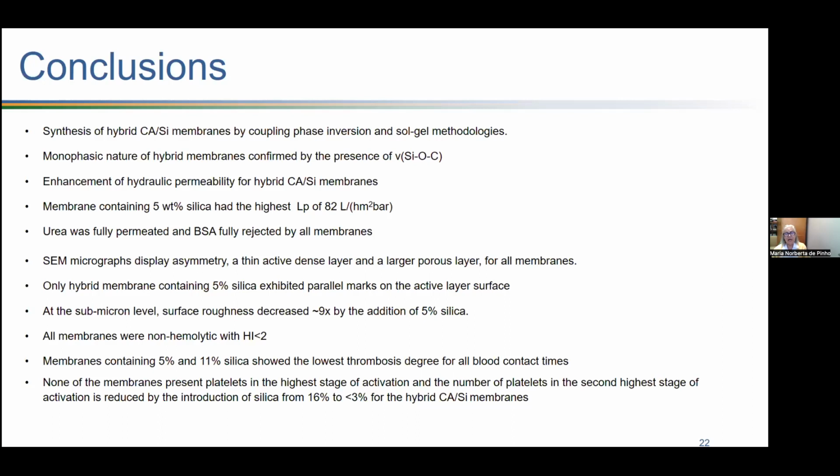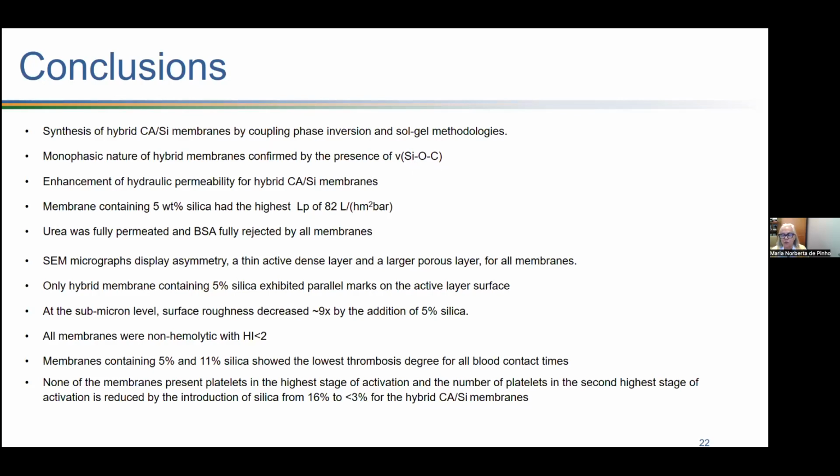These membranes are monophasic: the silica is covalently bound to the cellulose acetate matrix, given by the presence of this peak. And then we saw some interesting features related to hemocompatibility.